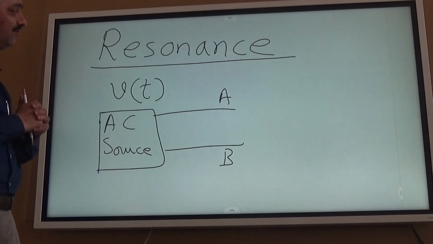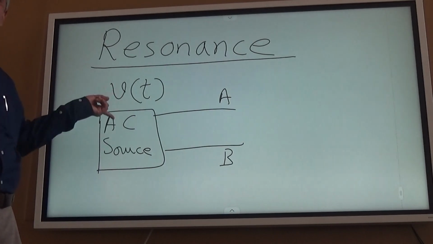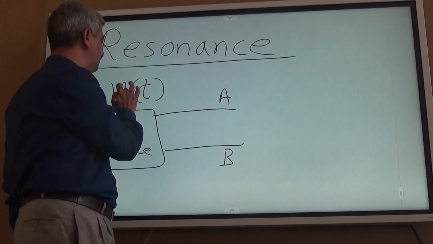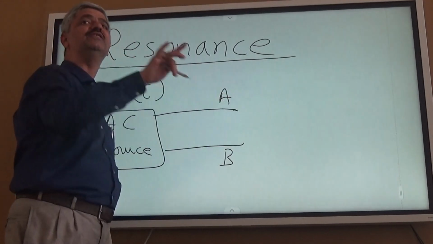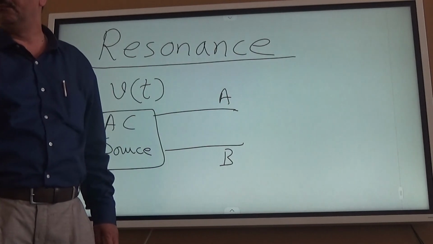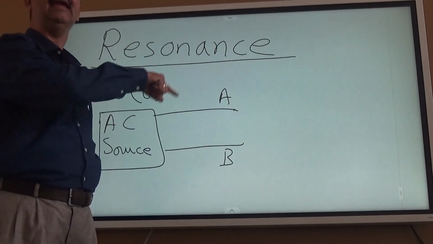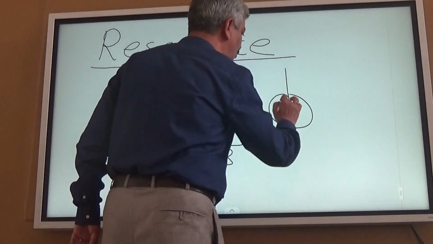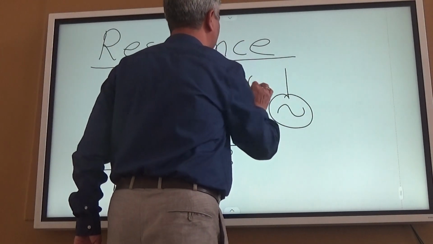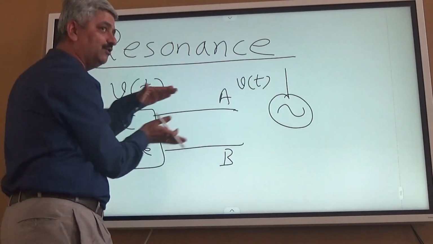So VT is what? VT is the voltage of terminal A measured with respect to terminal B. VT is VAB(t). This is the AC source, right? So we show this to be VT, which comes from some kind of generator.